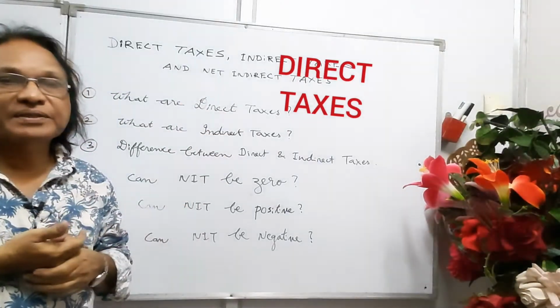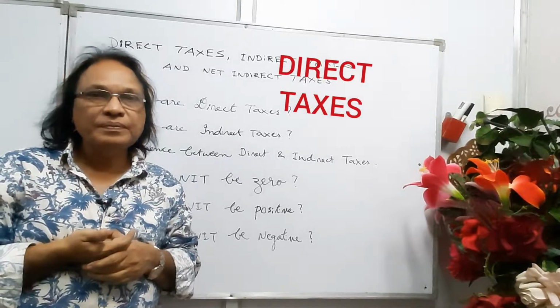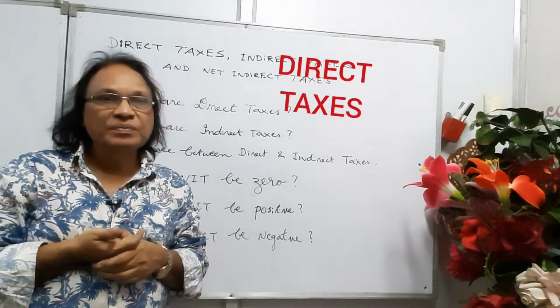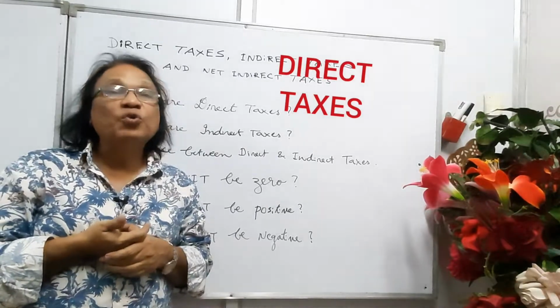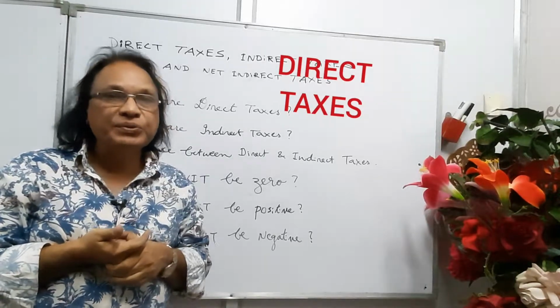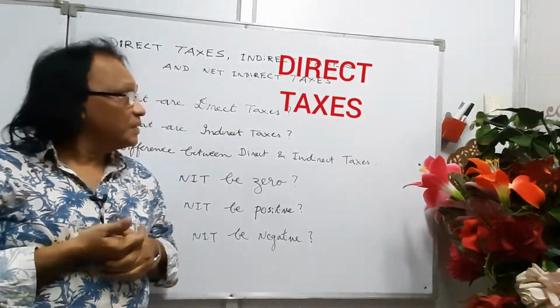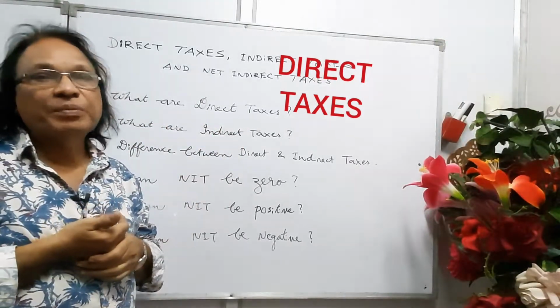In case of direct taxes, the tax liability and burden is on the same person. If you have a property, you can't escape. You have to pay. You are liable to pay the tax. The liability and the burden is on you. That's a direct tax.